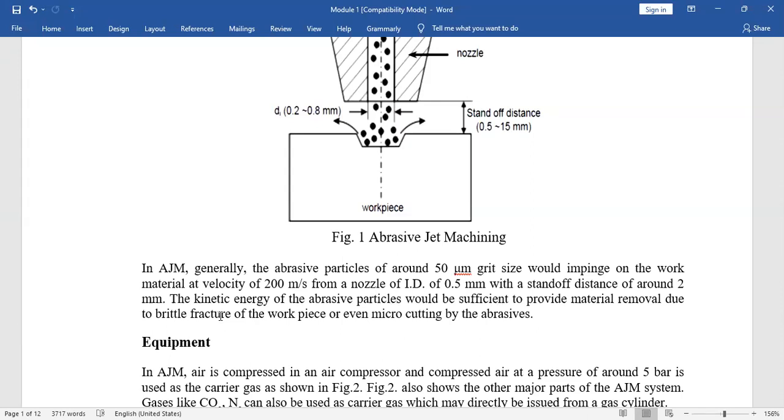Another example you can take is titanium. Titanium is also a type of brittle material, which means it will break but not bend.